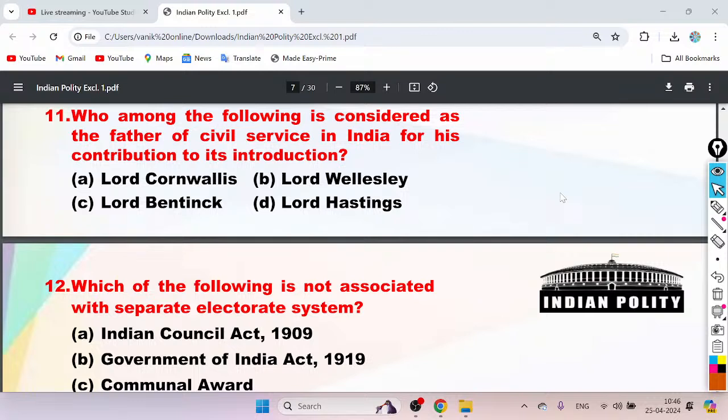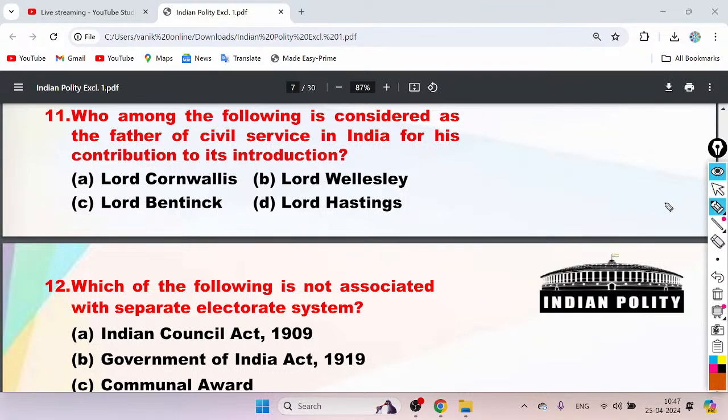Lord Cornwallis can be considered the father of civil service in India.